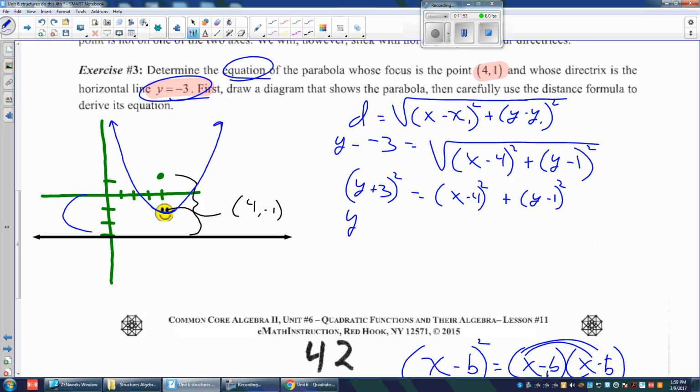Y plus 3 squared is y squared plus 6y plus 9. Sorry, that would be plus 6y. Just so used to those being minuses. Here, x squared minus 8x plus 16 plus y squared minus 2y plus 1.